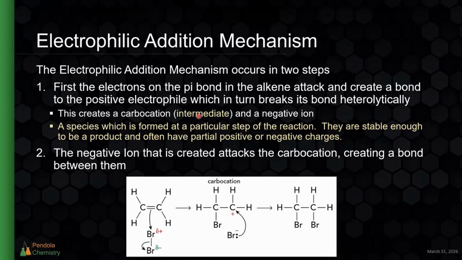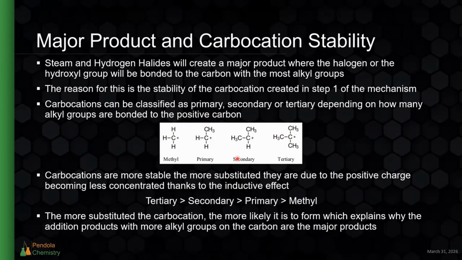Now, how does this mechanism explain the major and minor products? We talked about how these major and minor products are created and how they depend on whether the carbon that we're adding to is primary, secondary, or tertiary. Well, that is actually explained by the mechanism because of that carbocation, that positively charged carbon on the compound.